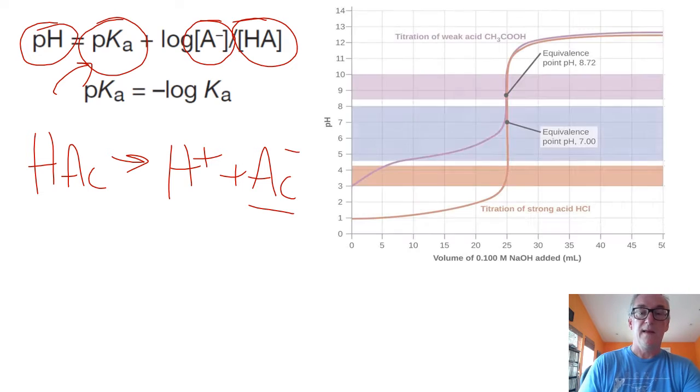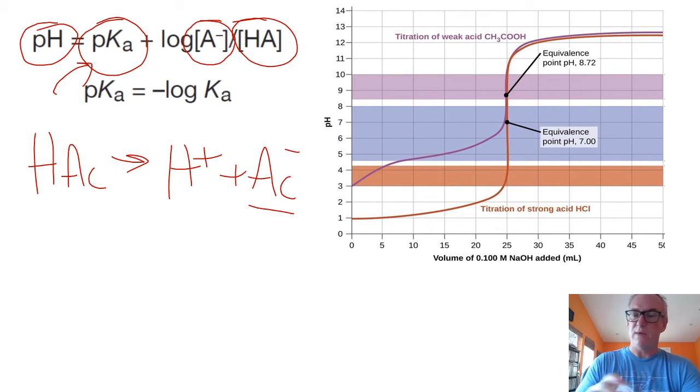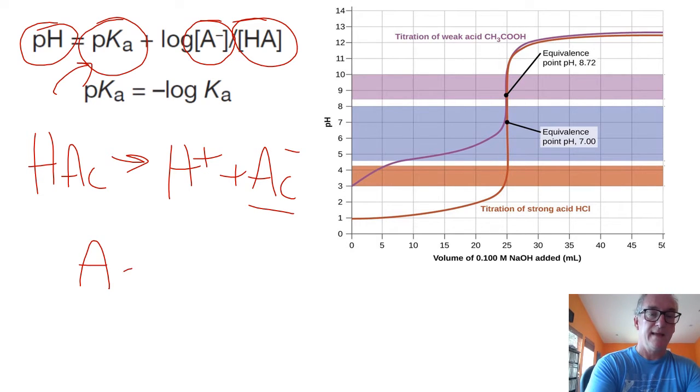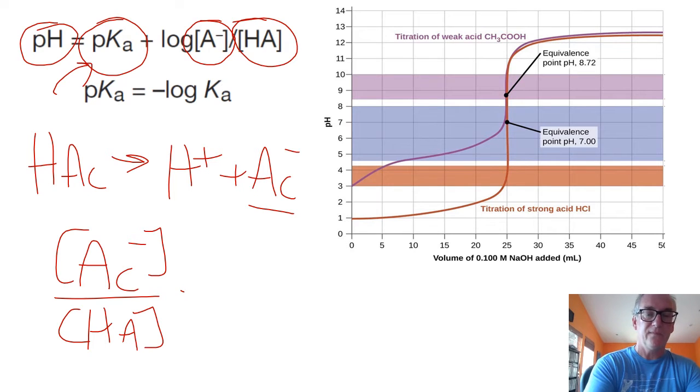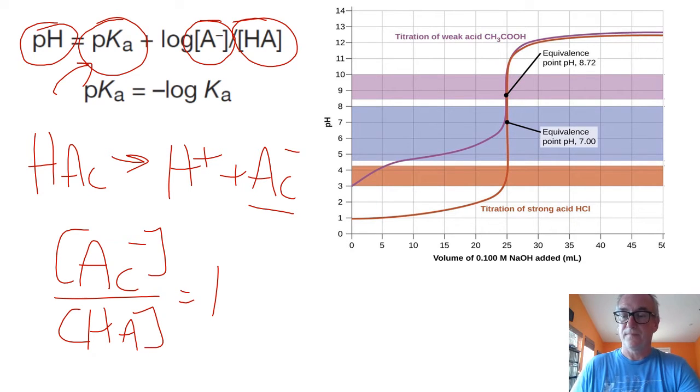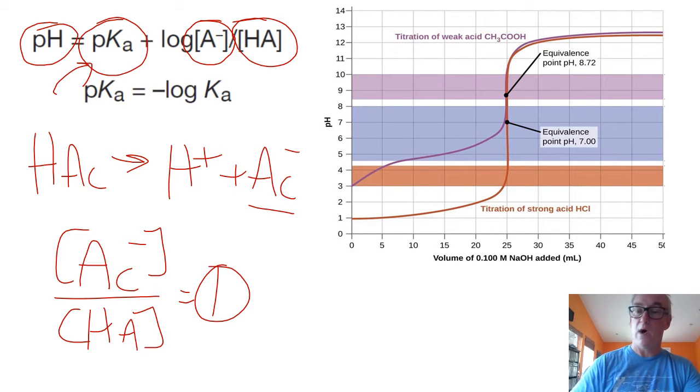Now, we can also use this expression to get a rough idea of what the pKa is, because at the point where the concentration of acetate ion and the concentration of acetic acid are the same, if we divide one by the other, we'll get 1. Now, what is the log of 1?